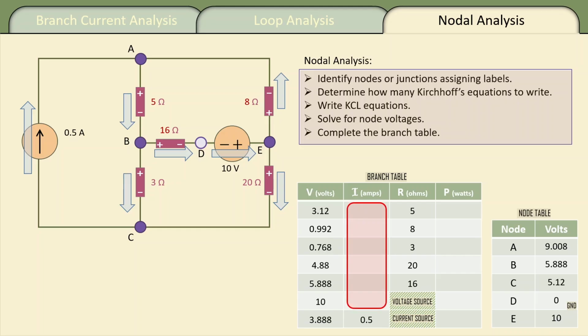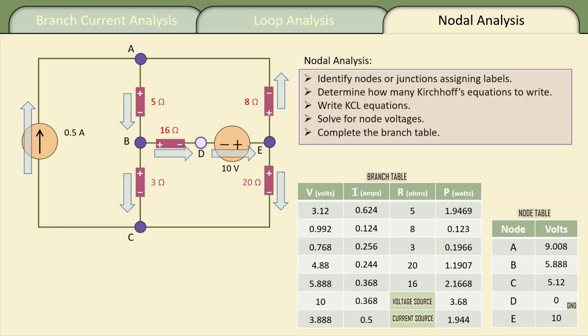For the resistors, we can get the currents from Ohm's law, and then for the case of junction D, we know that the current in the 10-volt supply has to be the same as the current in the 16 ohms, so I can just copy down the 0.368 amps from the row with the 16 ohms down to the 10-volt supply. I can calculate powers as before, and we now have a complete solution.